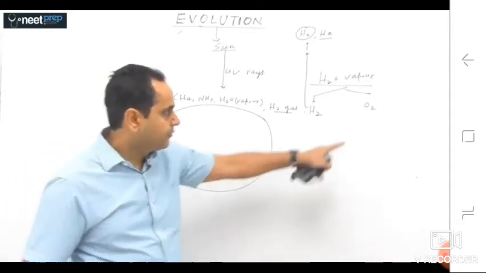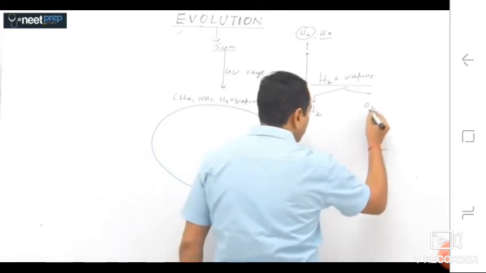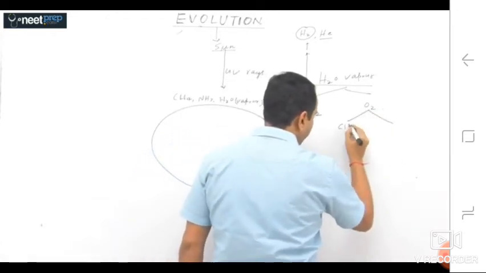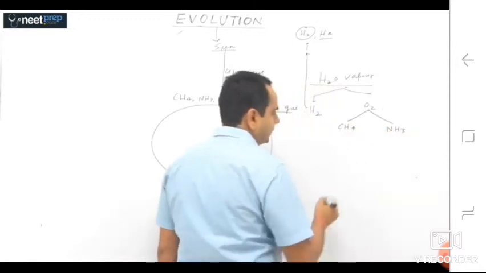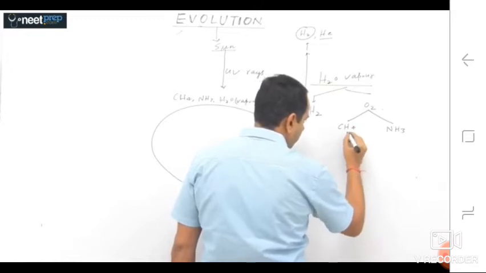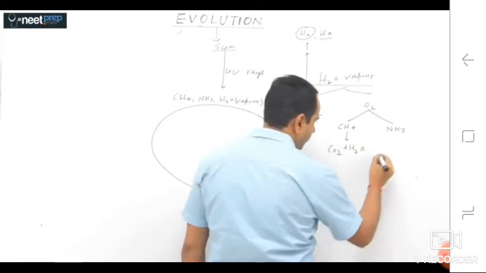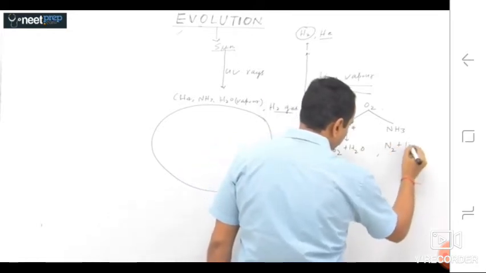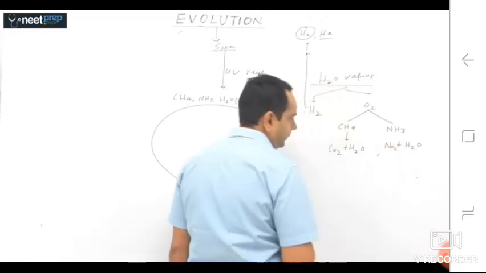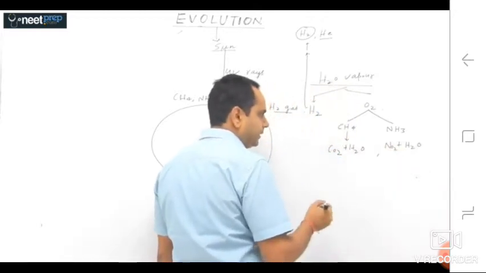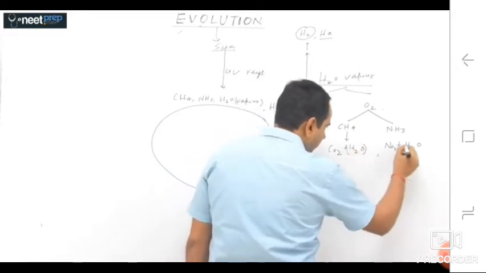Now what is the fate of this water molecule? Now this water molecule combines with both CH4 and ammonia, and it is converted into CO2, H2O, N2 plus H2O, or NO2 plus H2O. Being the oxides of carbon and nitrogen, H2O also gets formed.